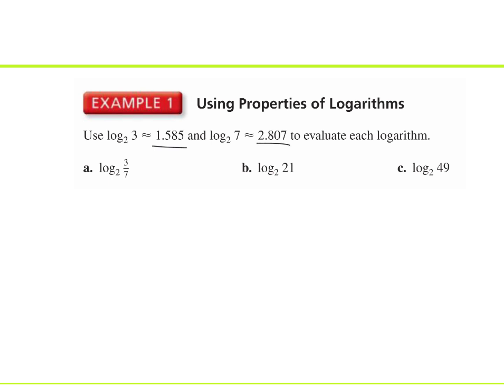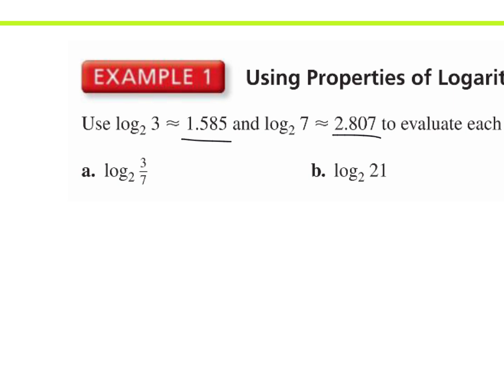And because here I have a division inside of a log, this division is going to become a subtraction between the logs, right? So I can go ahead and split it up. I'm going to have log base 2 of 3 minus log base 2 of 7.